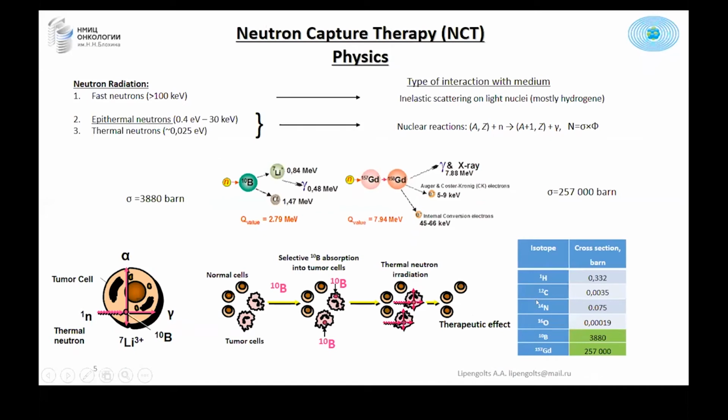How can this technically be achieved? One of the methods of binary radiotherapy is neutron capture therapy. It's, I would say, the most known, and it was the first method of binary radiotherapy. And as you can see from its name, it's based on the application of neutron radiation.